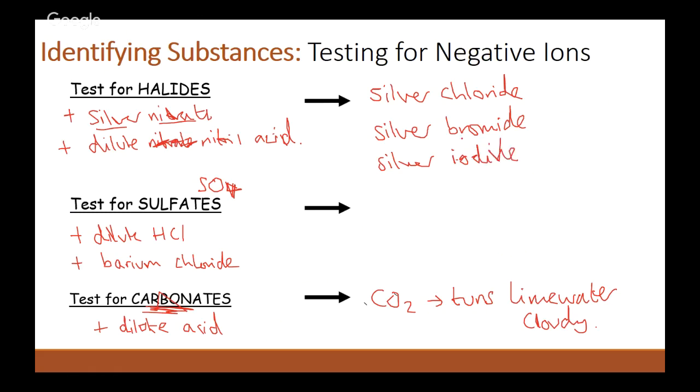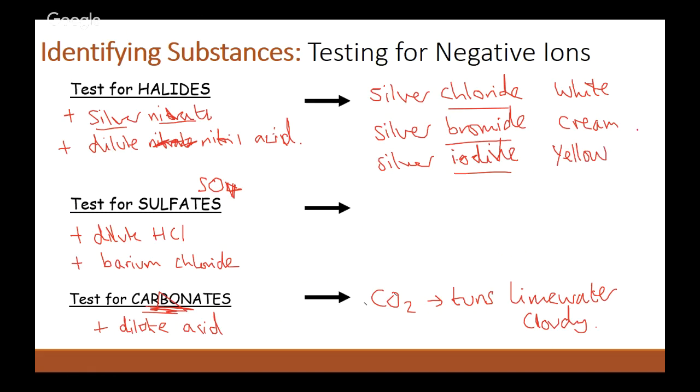So adding this silver nitrate will allow us to check whether in our compound we have a chloride, a bromide, or an iodide, because the silver chloride precipitate will be white, the silver bromide precipitate will be cream, and the silver iodide precipitate would be yellow.